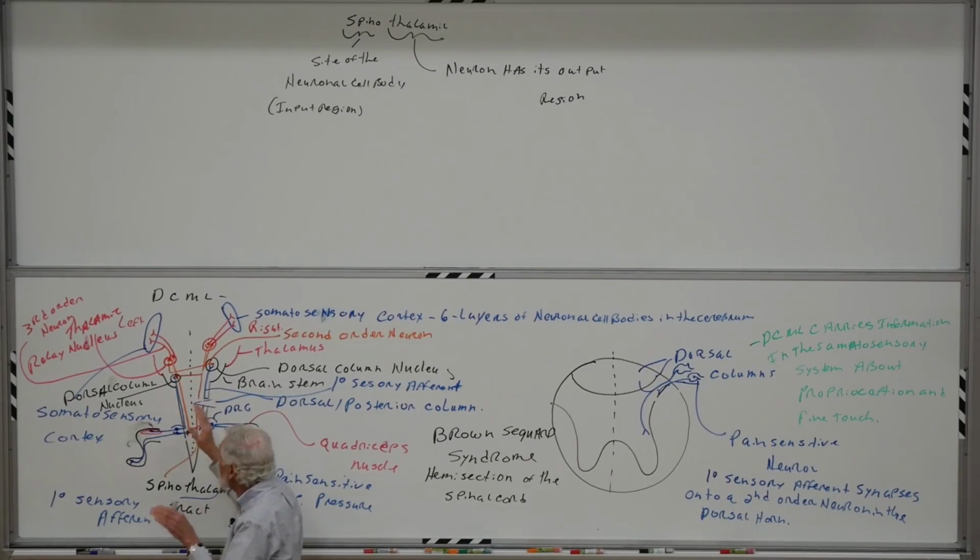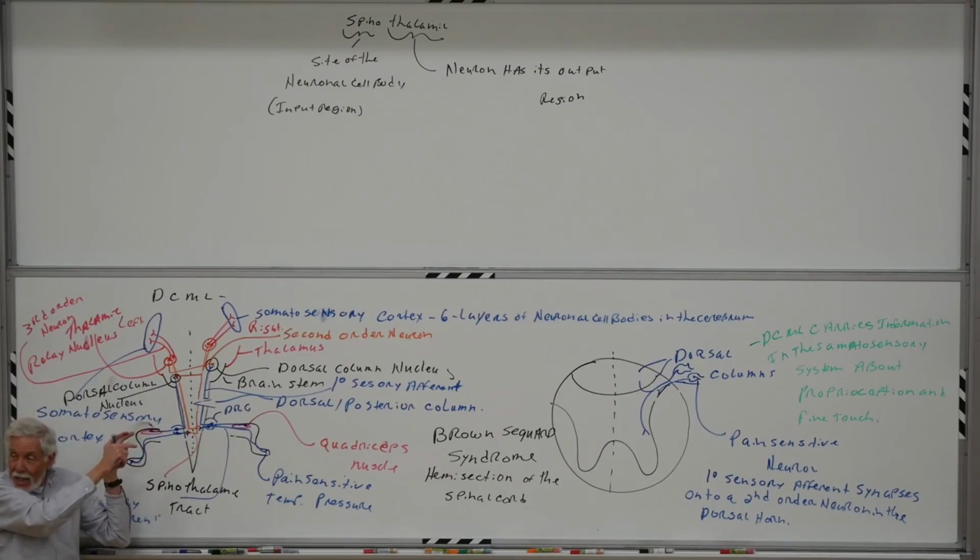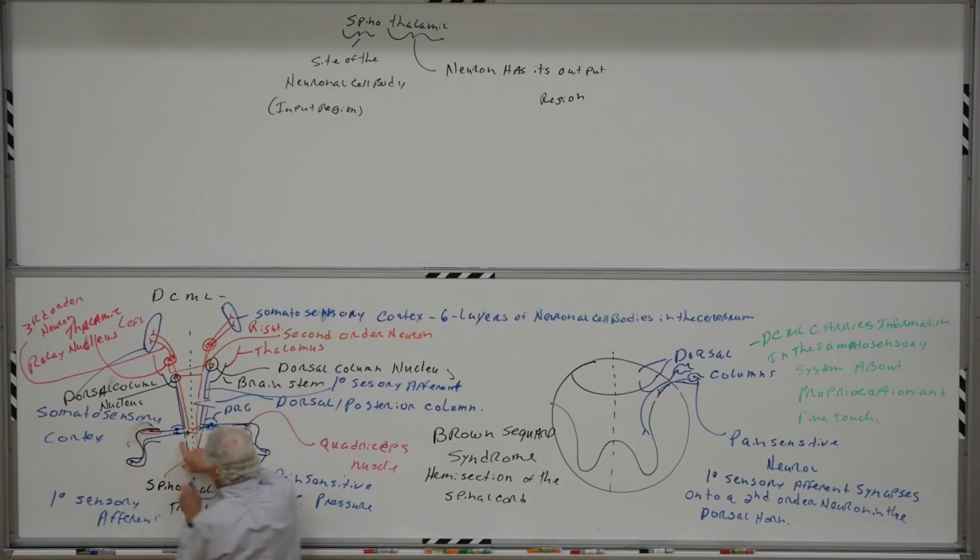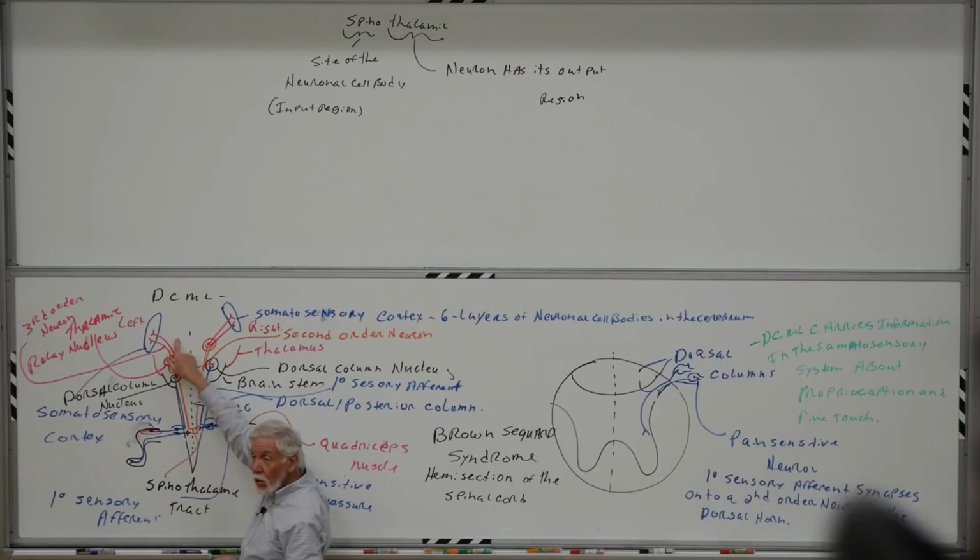For the somatosensory part, that is going to be proprioception and fine touch. However, if we think about the other modalities, the modalities being pain and temperature and crude touch, those too are symmetrical, but in a slightly different way, in the sense that in this case, the primary sensory afferent almost immediately synapses onto the second order neuron and ascends the cord.